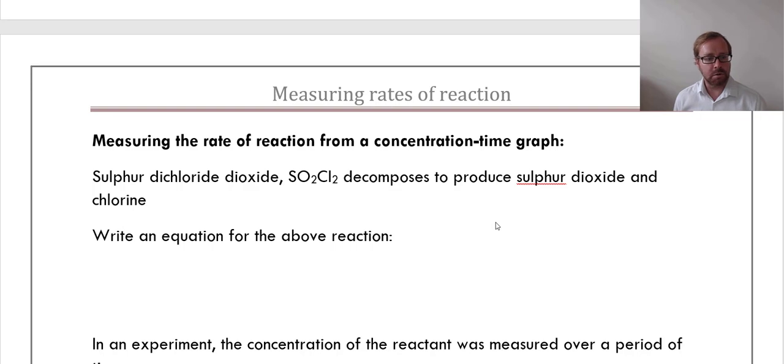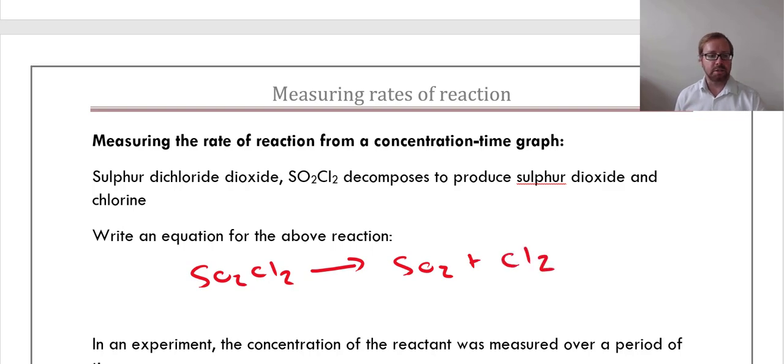Hope it went alright. So we'll quickly go through what we can on here. Write an equation for the above reaction. So sulfur dichloride dioxide, SO2Cl2, decomposes to produce sulfur dioxide plus chlorine gas. Check to make sure it's balanced. It is balanced, so we can move on.